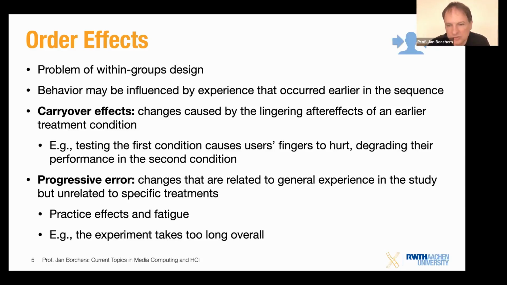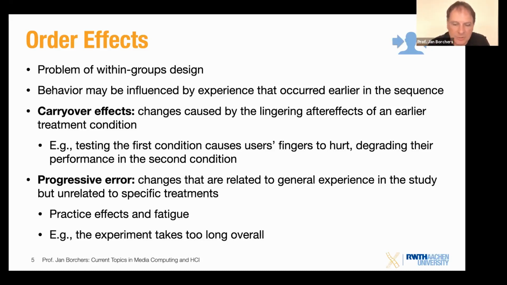Of course, you can also see fatigue effects if you have a between groups study, even in one condition. If the experiment takes really long in just one condition, people might tire and get slower and slower over time. But that's usually something that you would then observe across all the conditions, and you could then maybe see that effect in your data and address it in your discussion.